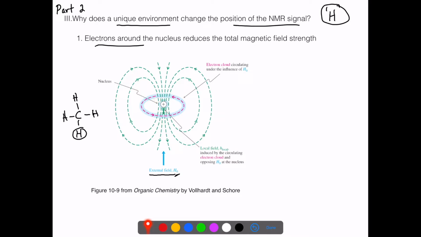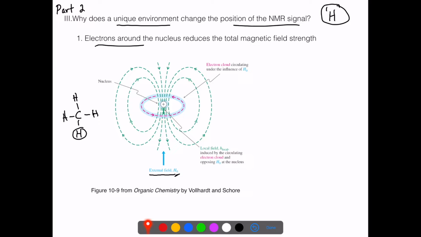Because of this circulating electron cloud, it basically opposes the field H0. This sets up what we call a local field, in opposition to the external field. These electrons move in this direction and create a field that opposes it.